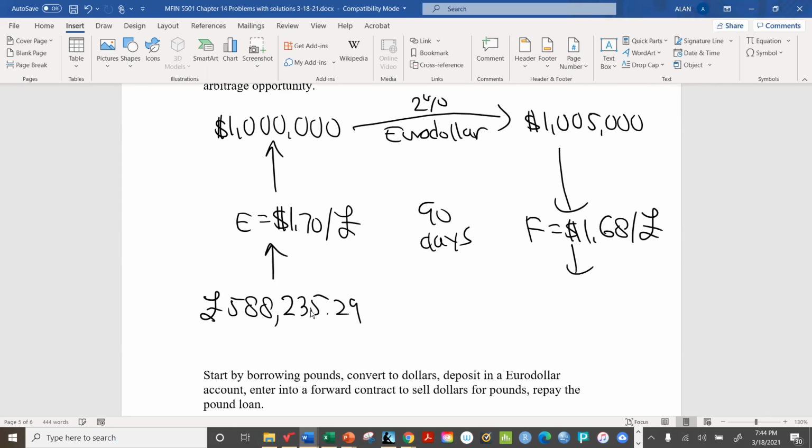So when we do that, if you divide $1,005,000 by $1.68 per pound, you'll end up collecting in 90 days $598,214.29.